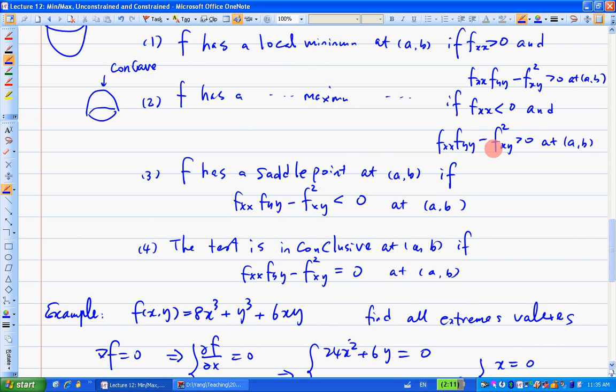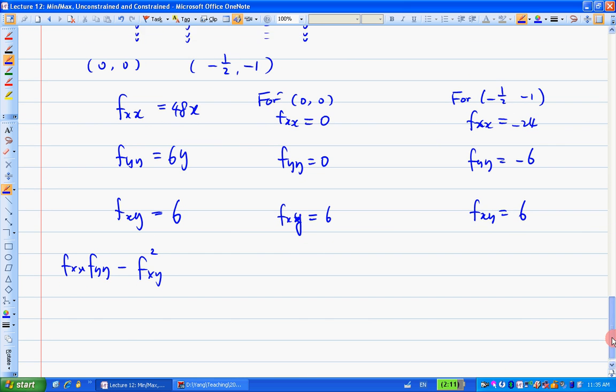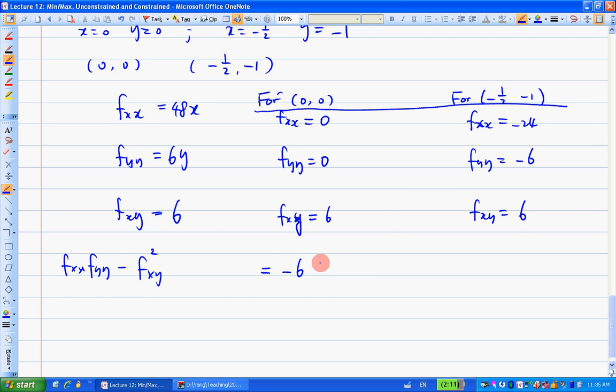So here and here. Let's see what this is equal to. For the first critical point, this expression equals 0 times 0 minus 6 squared, so equal to negative 36.